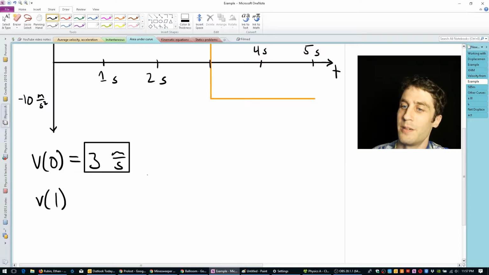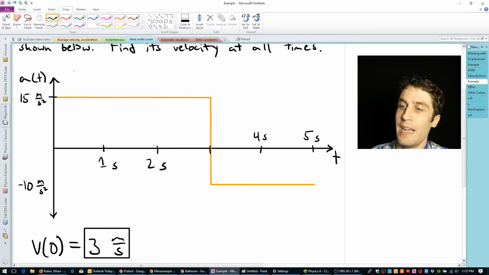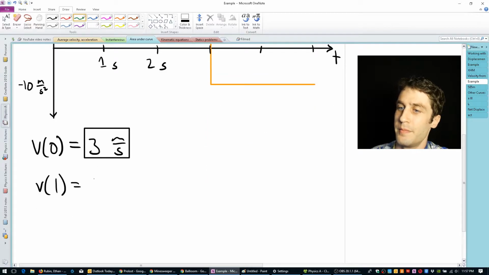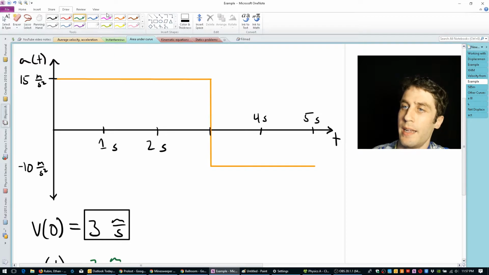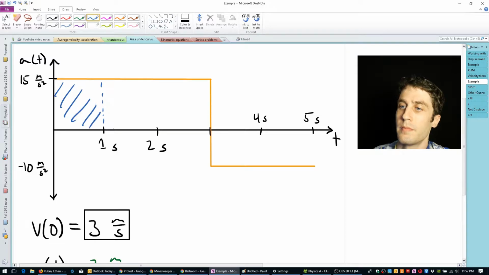V of 1, or 1 second. Now it's a little bit non-trivial. So it was initially going at 3 meters per second. But then over this 1 second, it was increasing by 15 meters per second each second. So 15 meters per second squared. And as we did before, we'll find the area of this little piece.